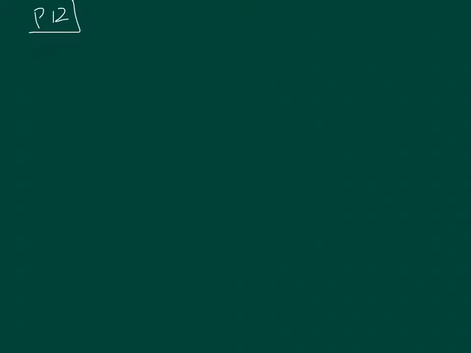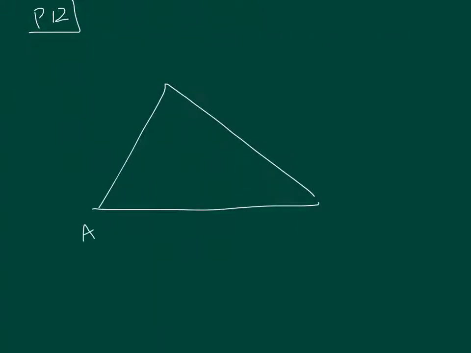Problem number 12. In the figure at the right, AB equals 4, BC equals 5, AC equals 6, DC equals 2.5, EC equals 3. So let's draw the figure.